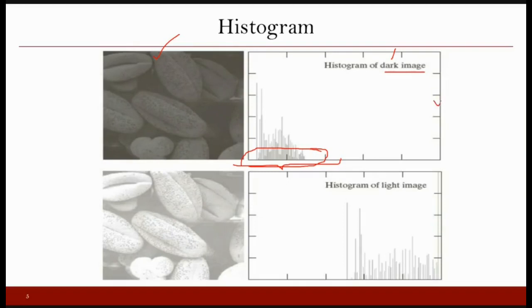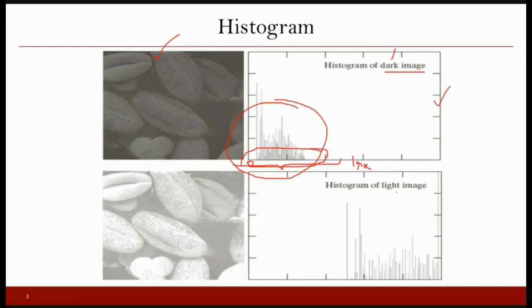If this is the histogram, you can assume that the gray levels range here from 0 to some maximum, and at a particular rk you have the number of pixels having this particular intensity. For dark images, the pixels will only occupy the intensities where rk is low, that means the low gray levels.